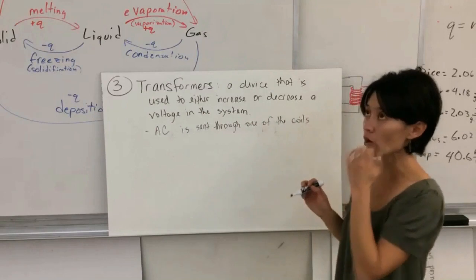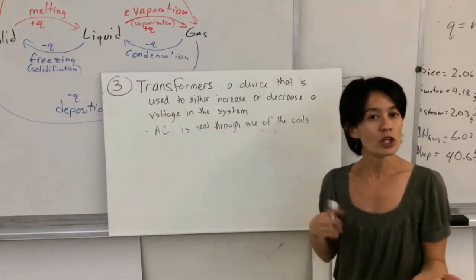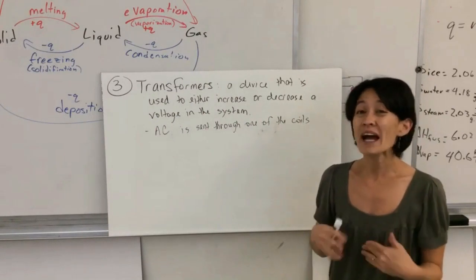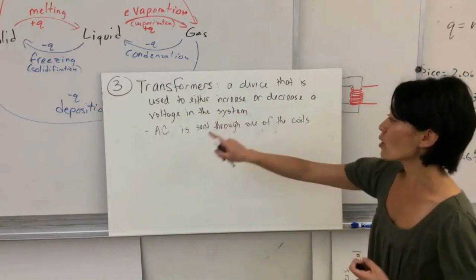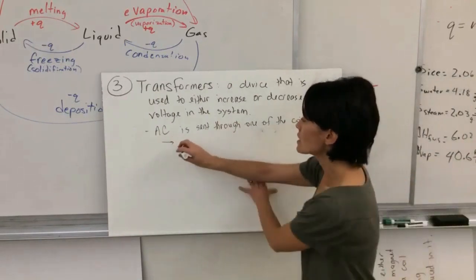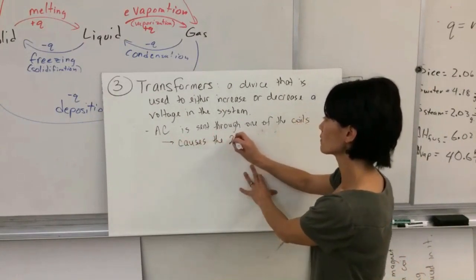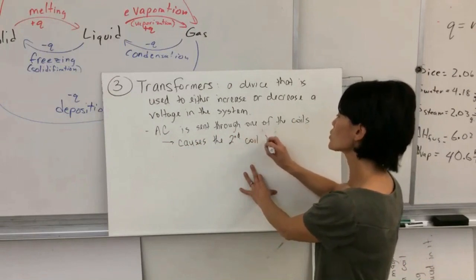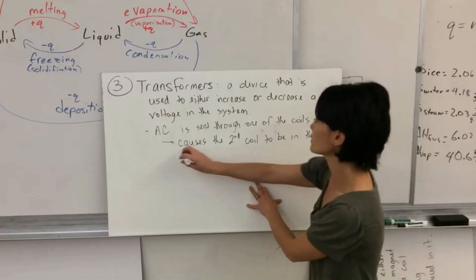And alternating current, remember, is current that is continually changing directions. Because the current is continually changing directions, the magnetic field associated with that current is continually changing directions. So alternating current is sent through one of the coils, which causes the second coil to be in the presence of a changing magnetic field.